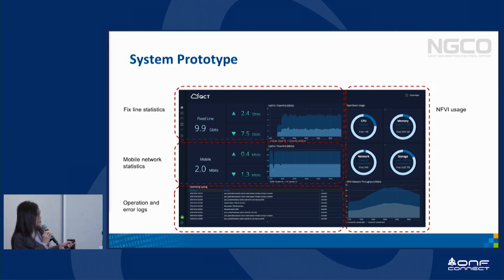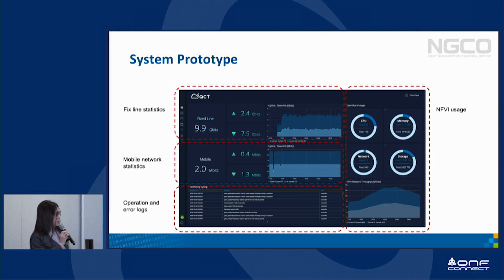This is the fixed line statistic and provide the fixed line network service. This area is the R3 EPC workload statistic, and the most important of these 2 services is the traffic load.